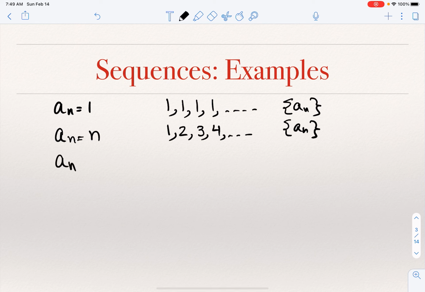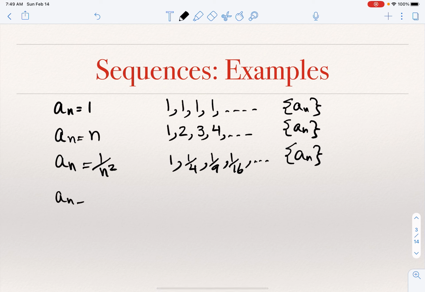I can define a sub n to be 1 over n squared. So the first one will be 1 over 1 squared, the second will be 1 over 2 squared, the third 1 over 3 squared, the fourth 1 over 4 squared, and so on. Of course, I can define whatever I want here. I can say that the nth element is n squared minus 2n plus 9.